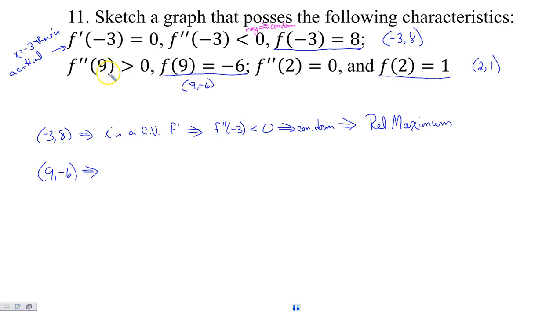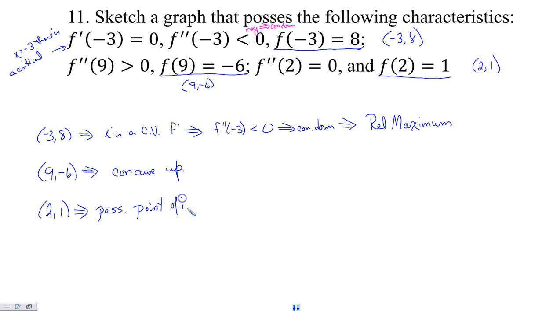All we know is that at the point 9, -6, this function is concave up, positive. So this second point, 2, 1, oh, but we do know that at 2, the second derivative is 0. So this is a very possible point of inflection.